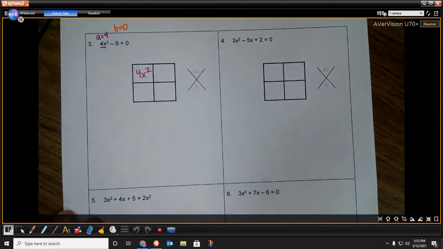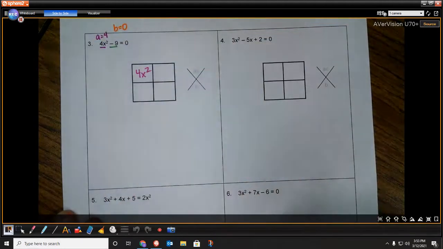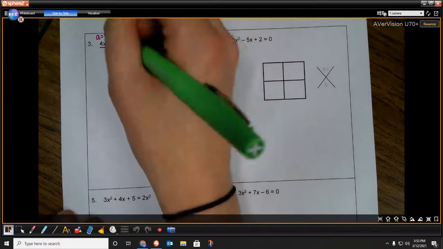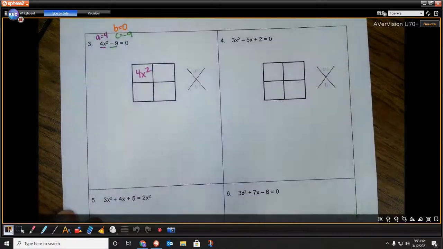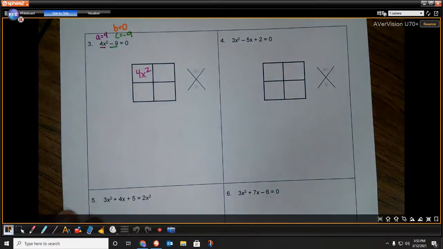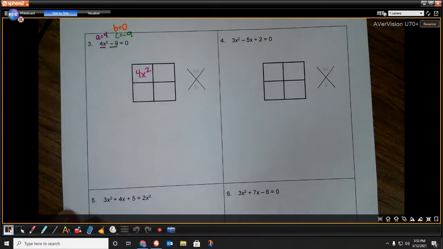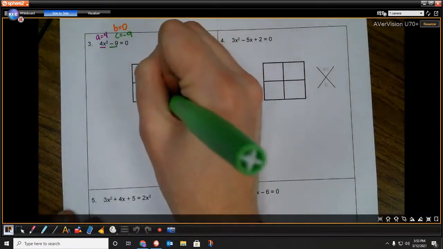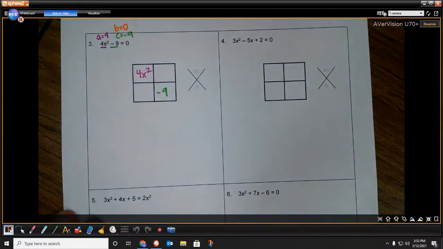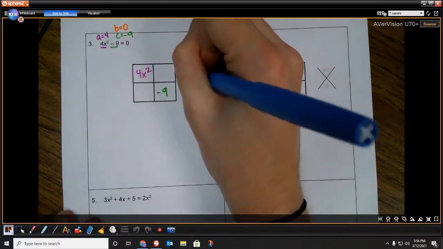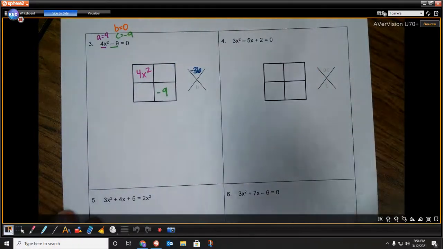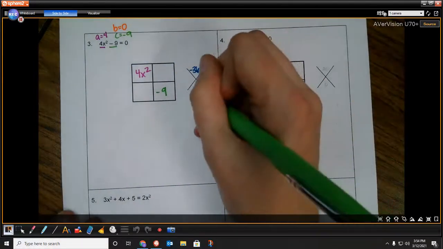But our C is equal to negative 9, okay? So I'm going to write my C down here, negative 9. And so guys, this means that A times C is what? Negative 36. And then my B value is just 0.